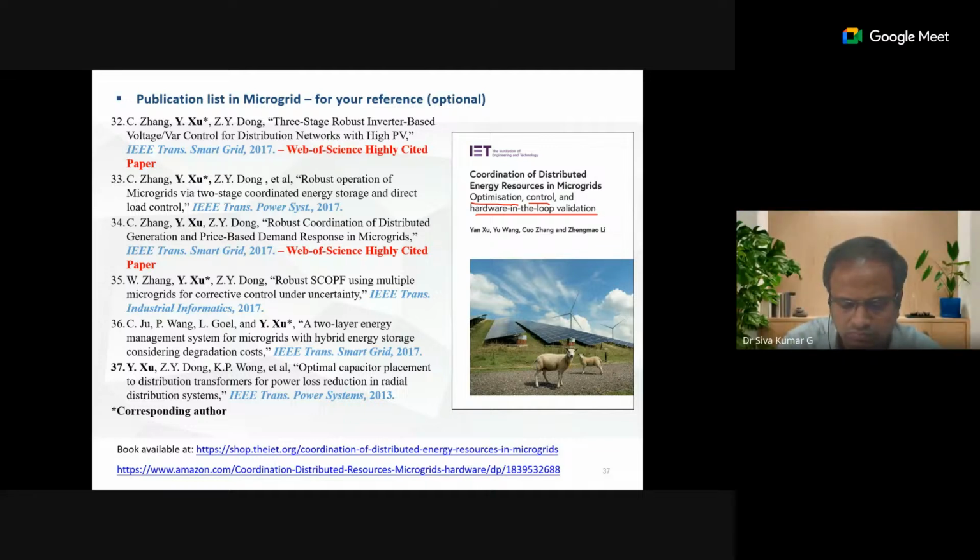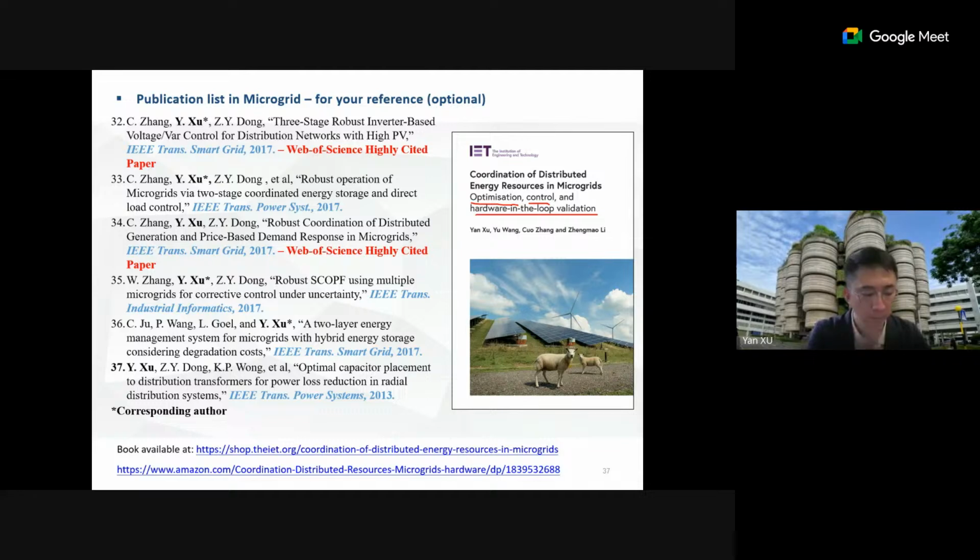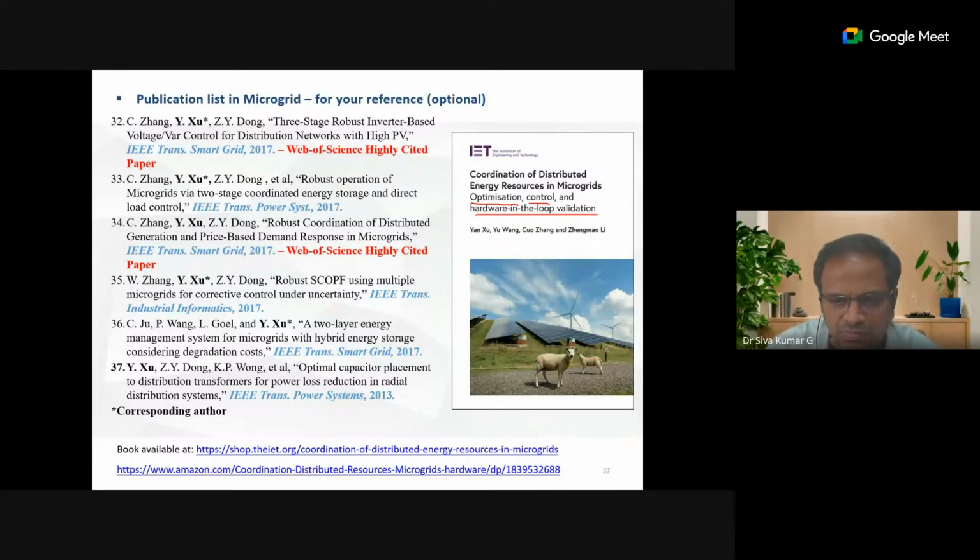Any questions, please? Professor, I have one question. Yes. The optimization function which has been used is nonlinear, is it? In most of the cases.